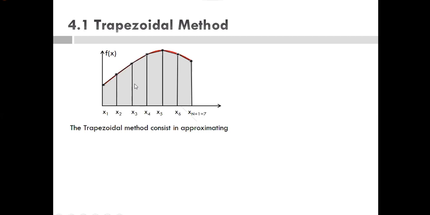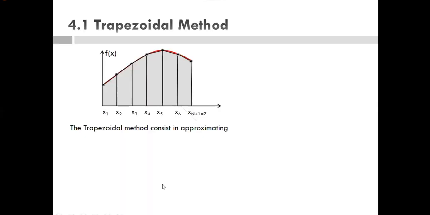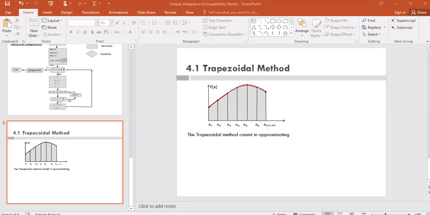Okay, so now instead of taking the sum of rectangles, you take the sum of trapezoids. All right. So basically, what is the area of, let's share a new screen here.